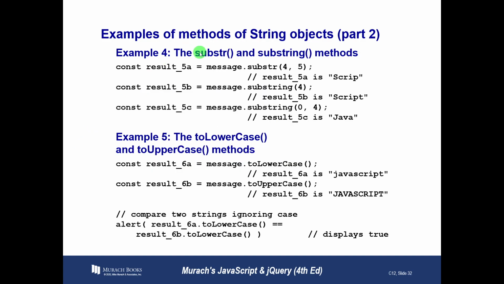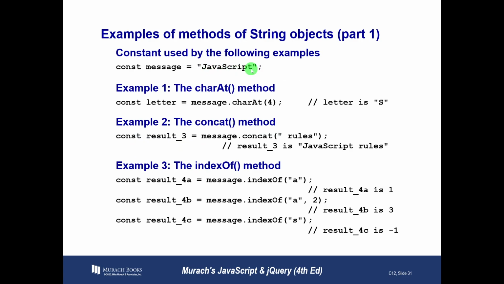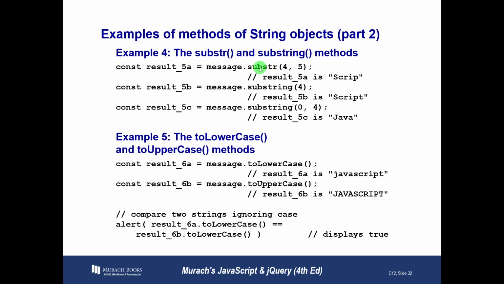All right, substring and substr methods that are built in. So I'm going to take my message, and remember message is JavaScript. I'm going to pull out substr 4, 5. So 4 is the place it's going to start, and 5 is how many characters it's going to pull out.